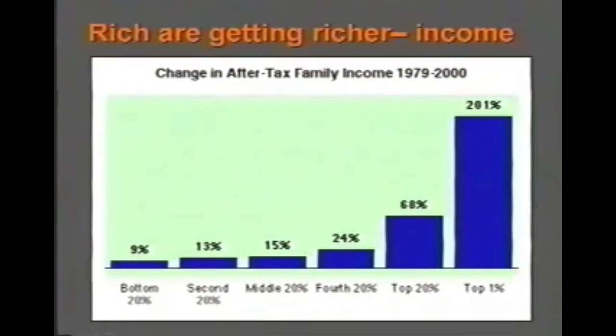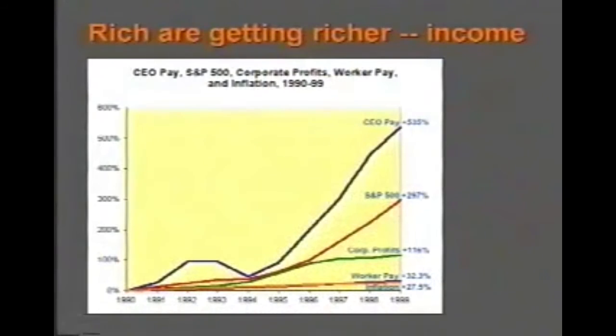One of the most interesting things that has been getting a lot of attention lately is CEO pay. That is how much the heads of these corporations are actually making in terms of income. We can look at their pay over the last several years and find that their pay as well has skyrocketed. Between 1990 and 1999, CEO pay has gone up 535%.